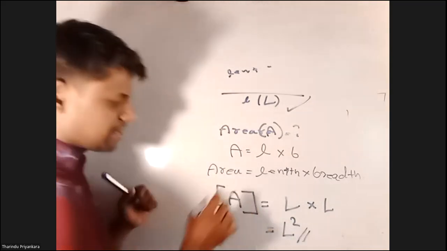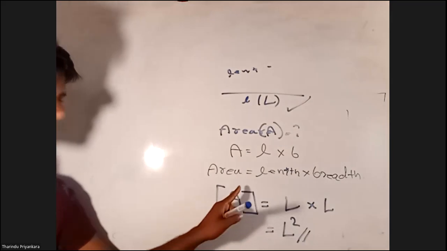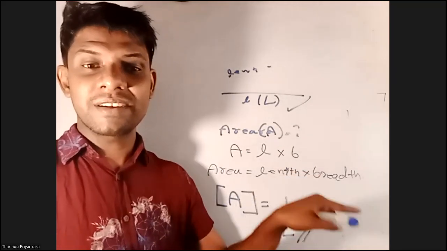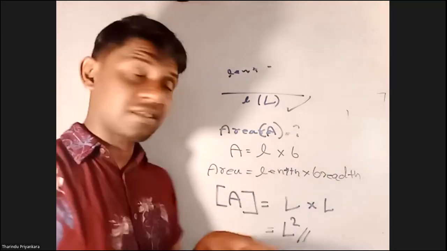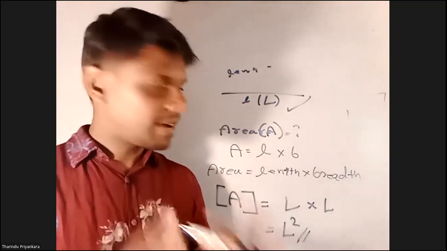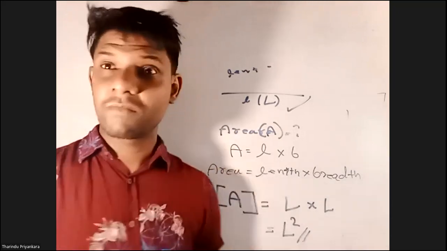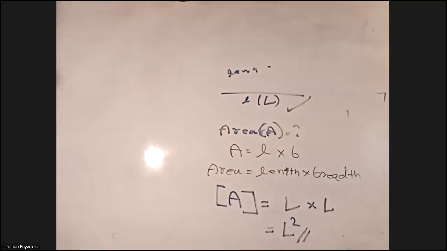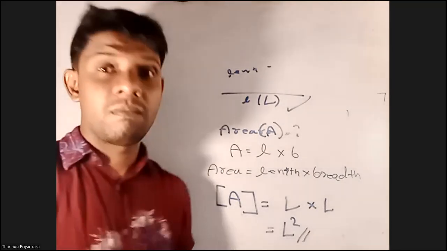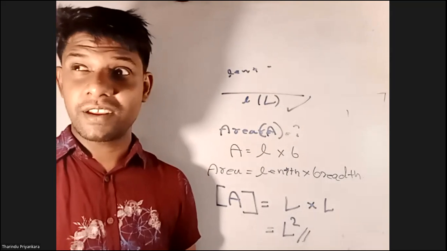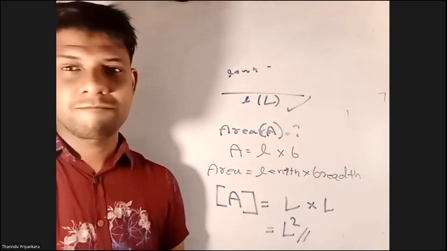Remember to put this square bracket. What does that stand for? This square bracket stands for finding the dimensions of this A. Understand? Such really very simple stuff.